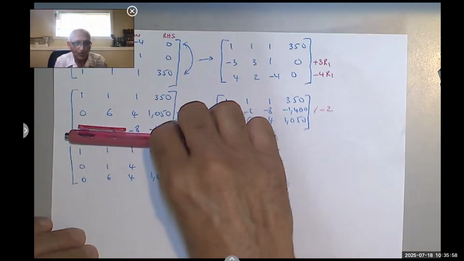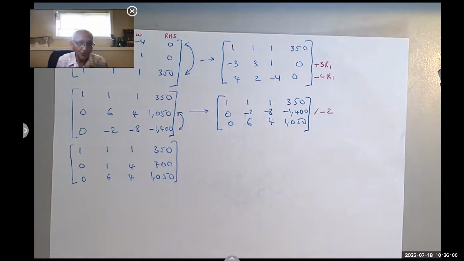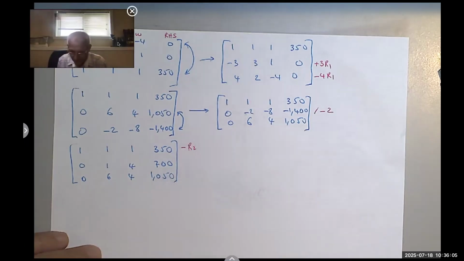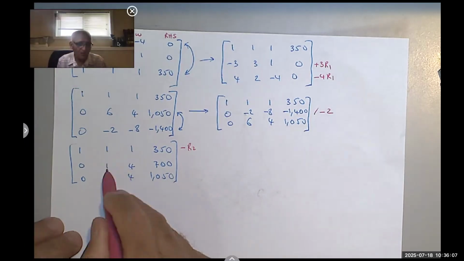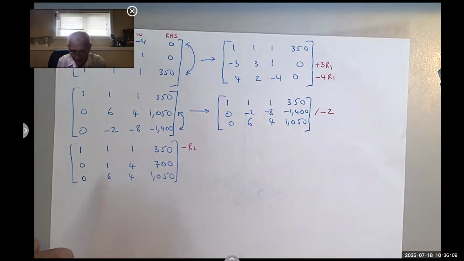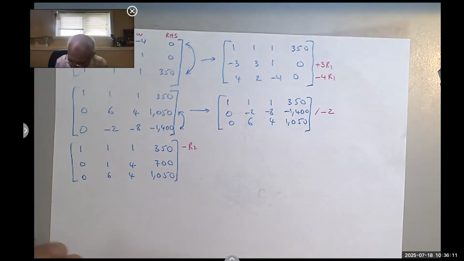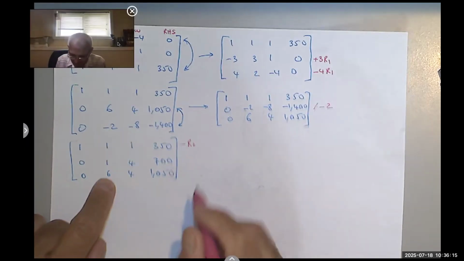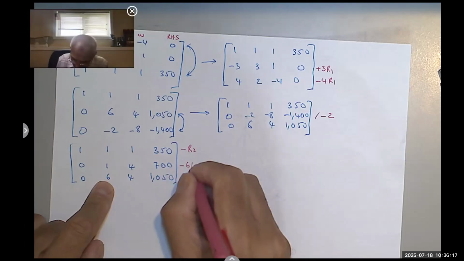And of course, here I say subtract row 2. Why? Because 1 minus 1 is 0, so I can get a 0 here. And if I want to get a 0 here, I'm going to subtract 6R2.